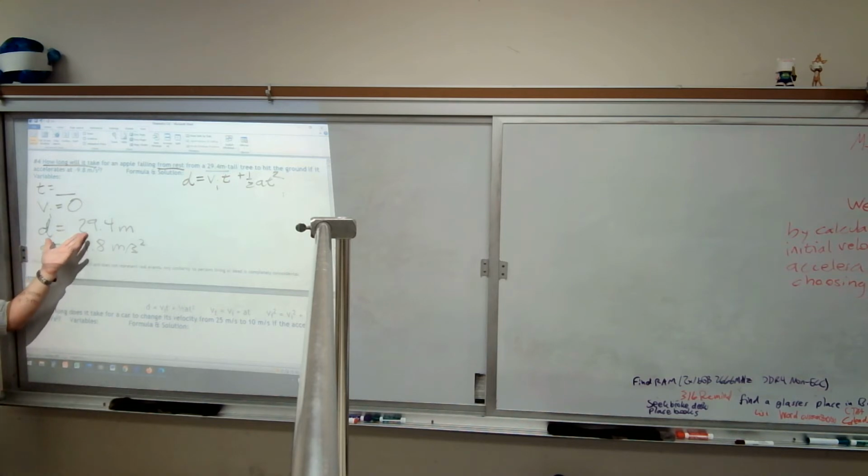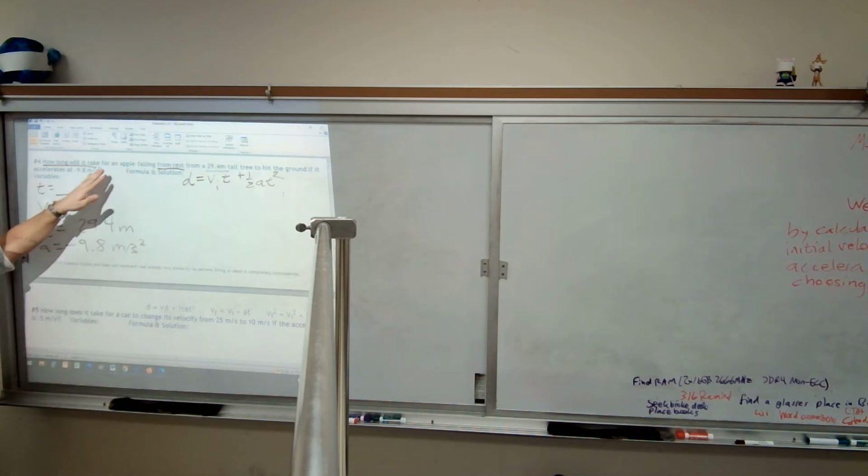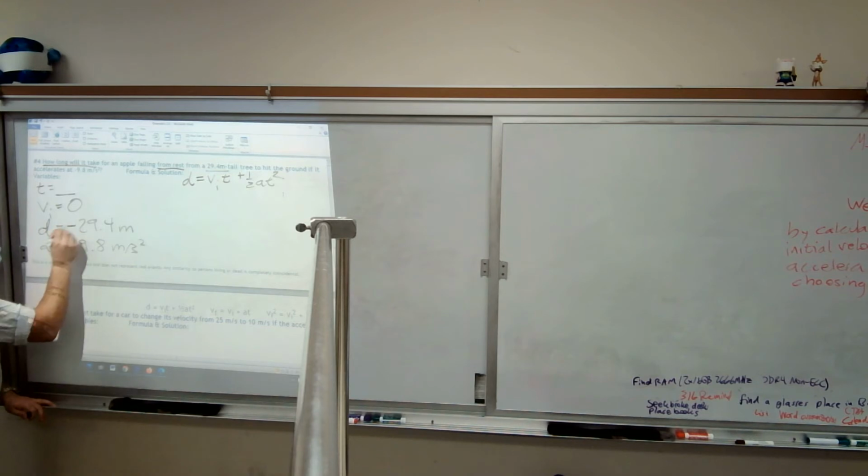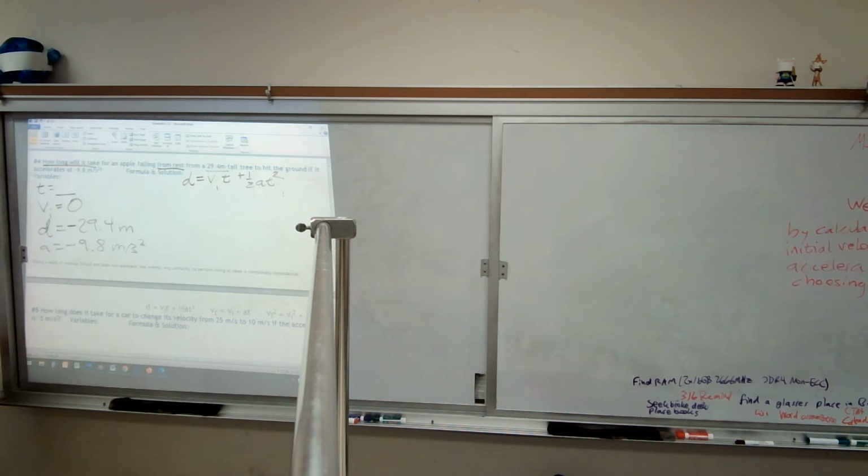That tree, you know, it's a fact. That tree is 29.4 meters tall. But we're describing the motion of this apple. So this apple is up there, and then it's going to fall down 29.4 meters. So we've got to make this 29.4 negative. And now we're good to go to plug everything in.